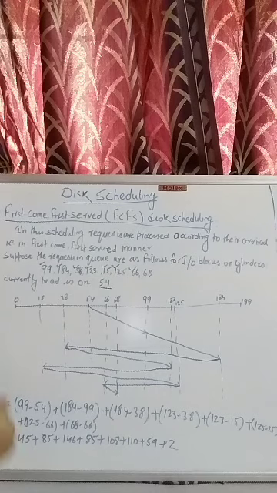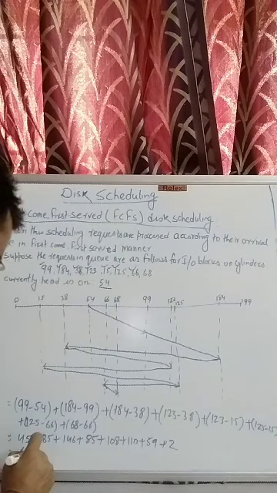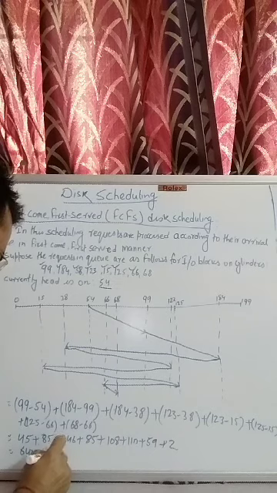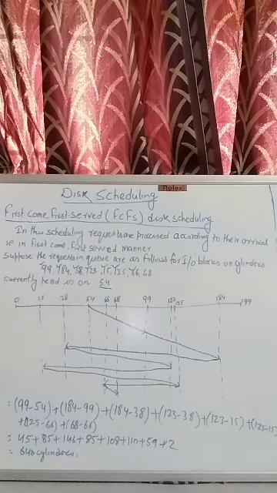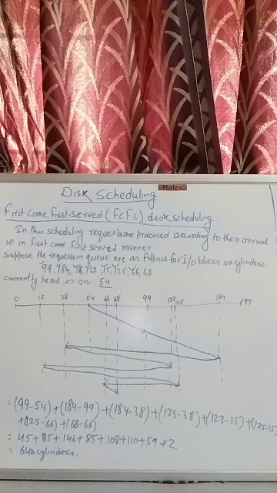So these are the displacements. So the total head movement is 640 cylinders. So this is the first algorithm, in which processing the requests according to their arrival takes 640 cylinder movements of the head.